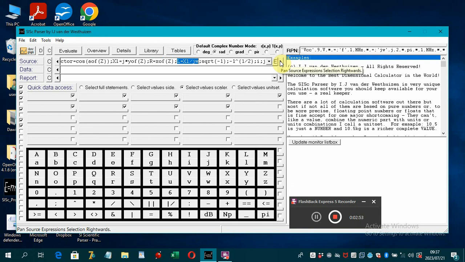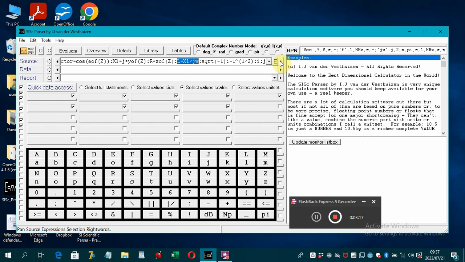The coil L is equal to the reactance of L, XL, divided by the complex angular velocity, JW. So L is equal to XL divided by JW, and JW is determined by the frequency.